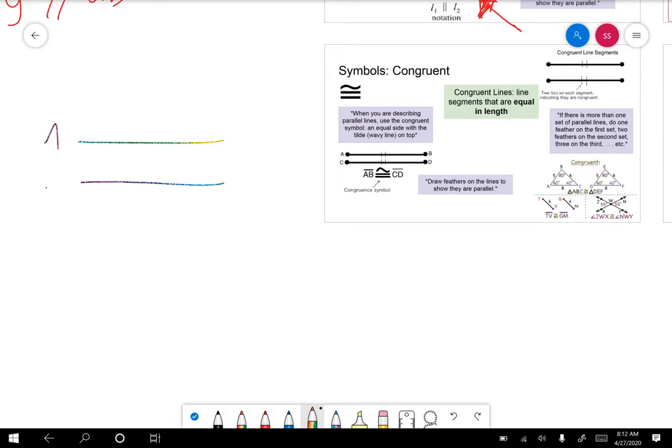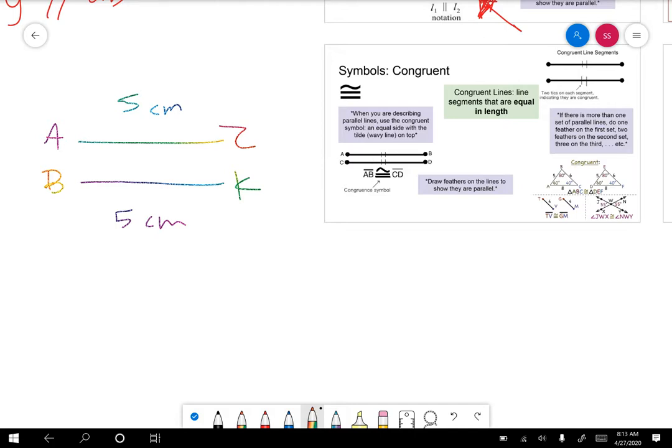We'll call this AZ, and we'll call this BK for fun. Let's say that we know AZ is 5 centimeters, and we also know that BK is 5 centimeters. So we know already that these are congruent lines because they're equal in length.